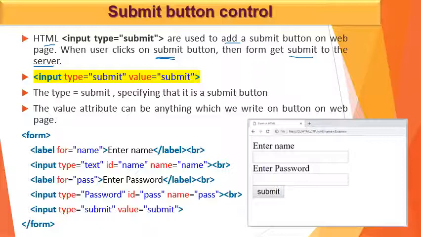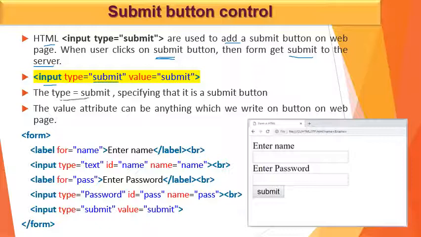Okay, so this is the input control, and that input has a type submit. The type is an attribute of input and the value is also an attribute of this input. The type submit and the value submit are the values of the attributes type and value respectively.